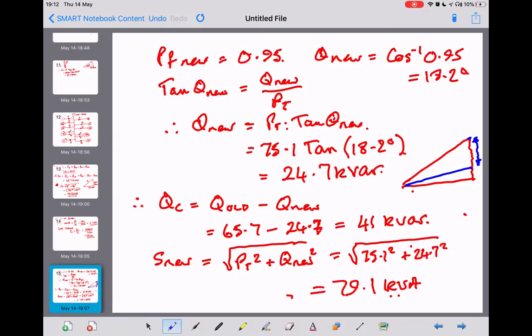And the next part is? Yeah, so that is the new line current.